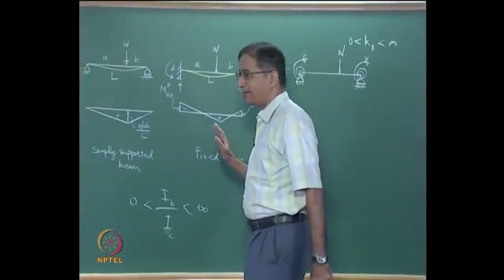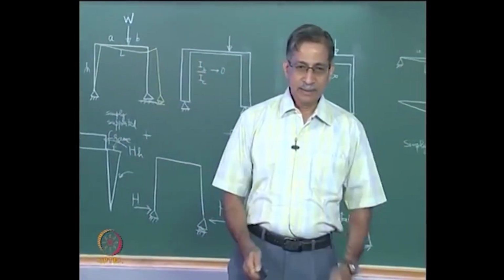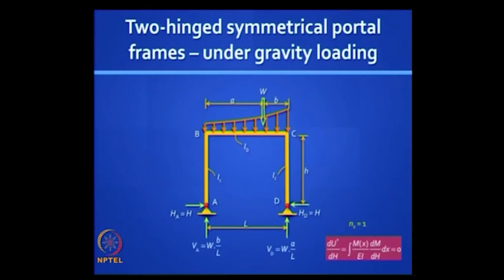Now let us look at the solution to this problem. The energy method is particularly useful in solving such problems. The theorem of least work says, if you treat H as a redundant, dU*/dH, which is the integral of M dM/dH dx by EI, is equal to 0.